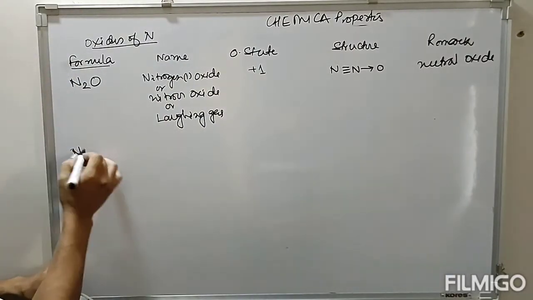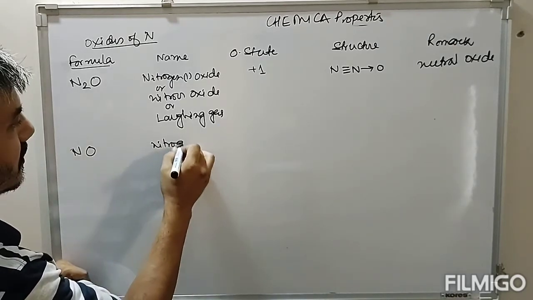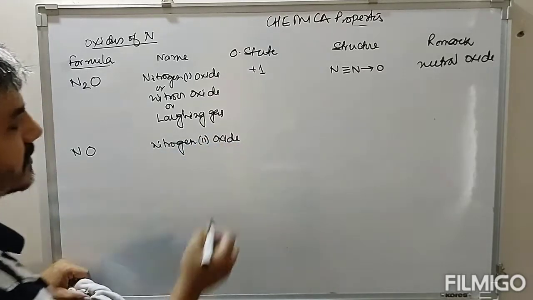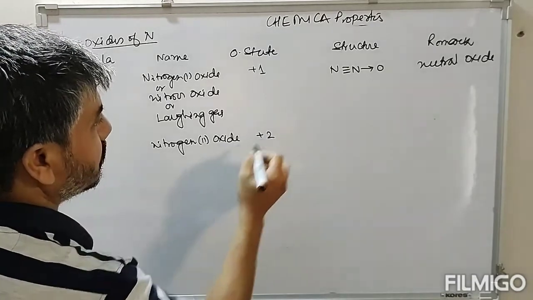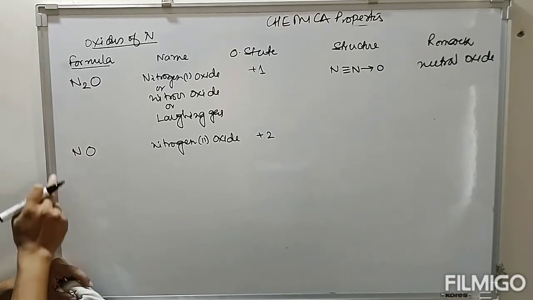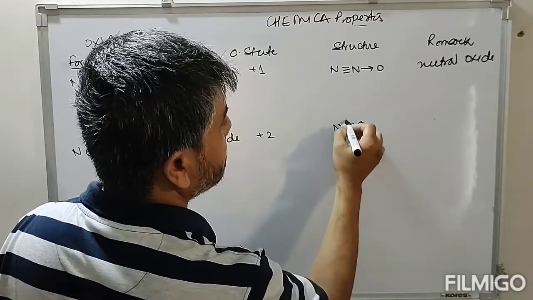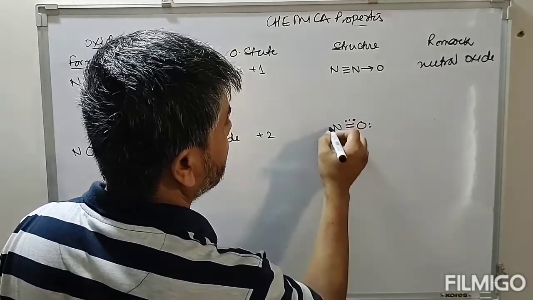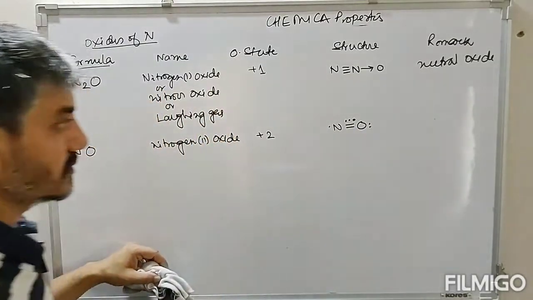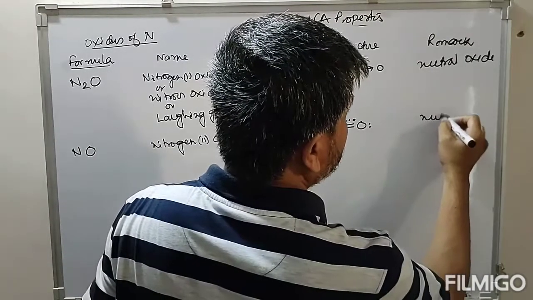Then we have NO, nitrogen 2 oxide. Nitrogen 2 oxide, oxidation state +2. This is also neutral.